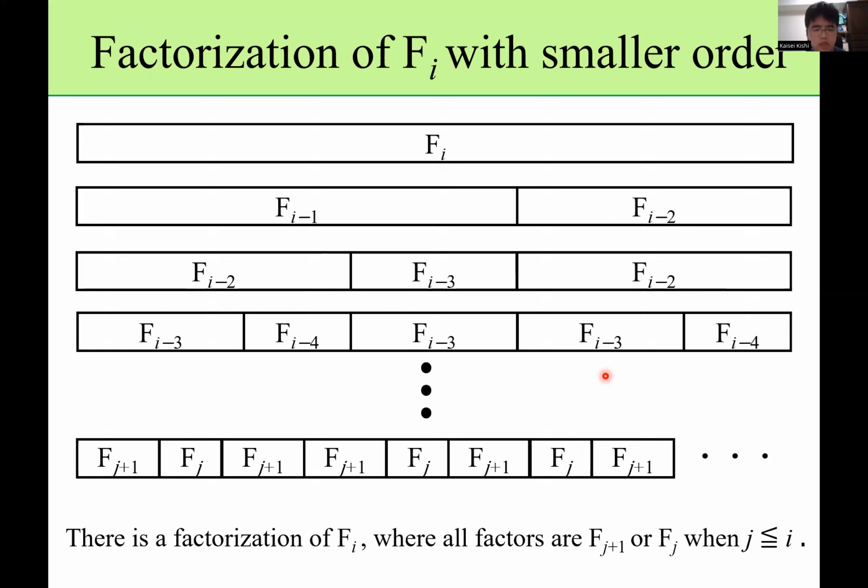And when we factorize these substrings again and again, Fi is finally factorized into only factors of Fj plus 1 and Fj, like this.